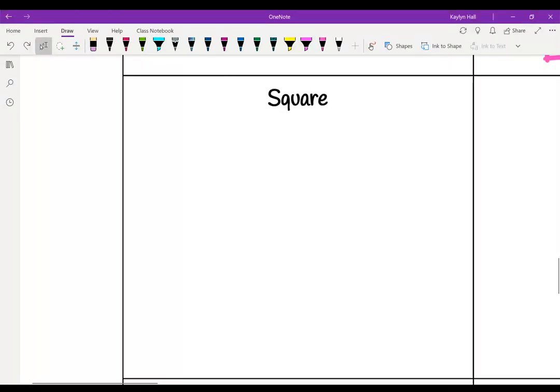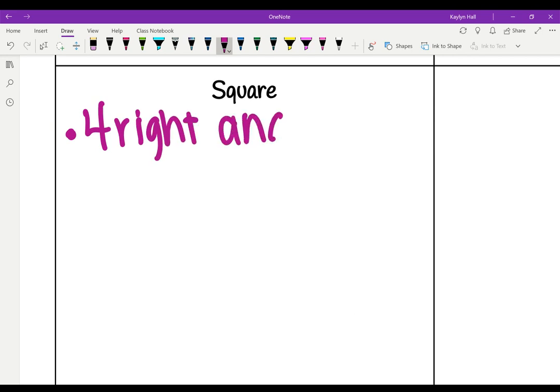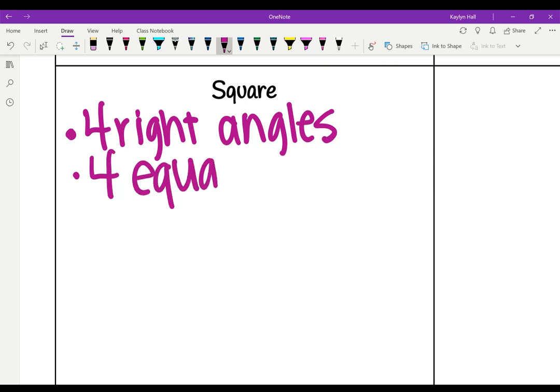Okay, let's move on to squares. Squares are basically just a type of rectangle, and we'll talk about that a little bit more next week, what I mean by a type of rectangle. Squares, they're a quadrilateral, right? But they have 4 right angles and 4 equal sides.